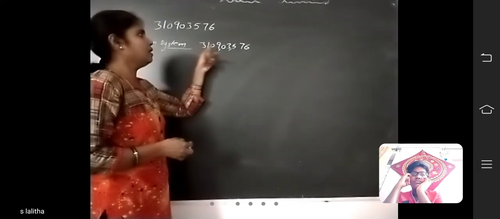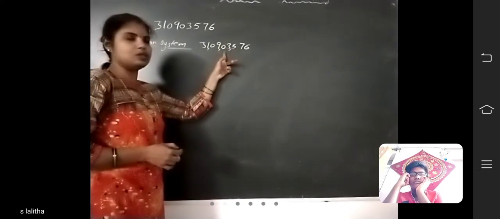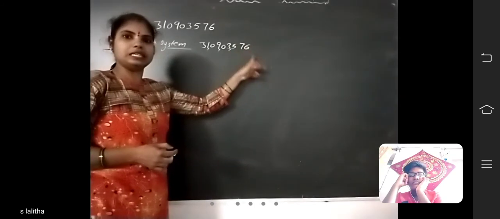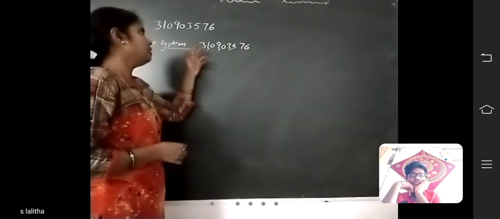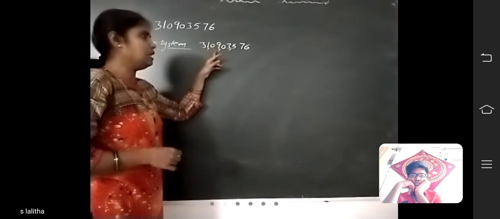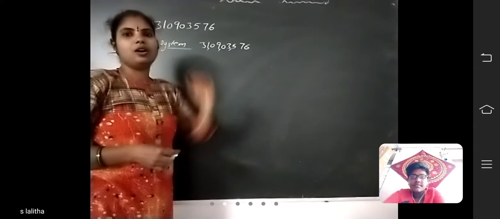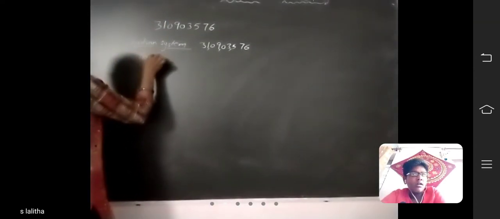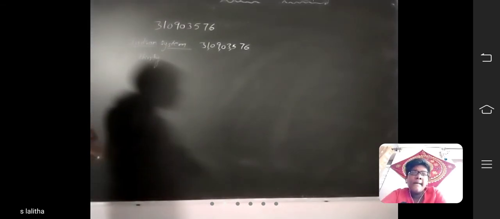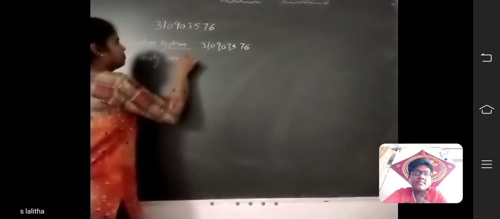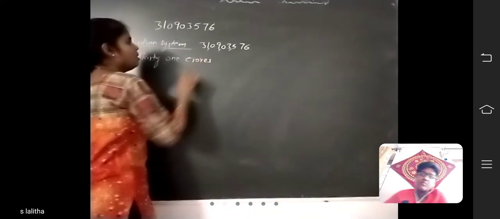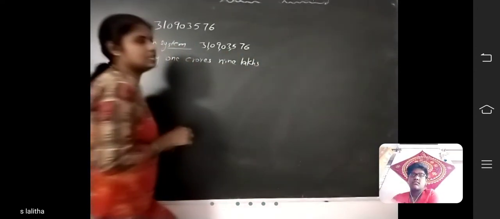Now read this number, children. 31 crores, 9 lakhs, 3,576. All of you read along with me. 31 crores, 9 lakhs, 3,576. Okay, now write the number name. 30, what is the spelling of 30? T-H-I-R-T-Y, 31 crores, C-R-O-R-E-S, 9 lakh, N-I-N-E, L-A-K-H-S.